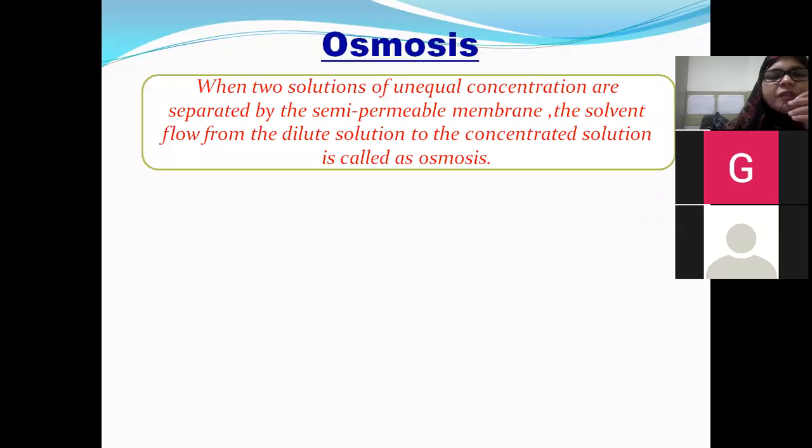We will see osmosis first before going to reverse osmosis. We will just revise it, you have already studied it. When two solutions of unequal concentration are separated by a semi-permeable membrane, the solvent flows from the dilute solution, that is low concentration.